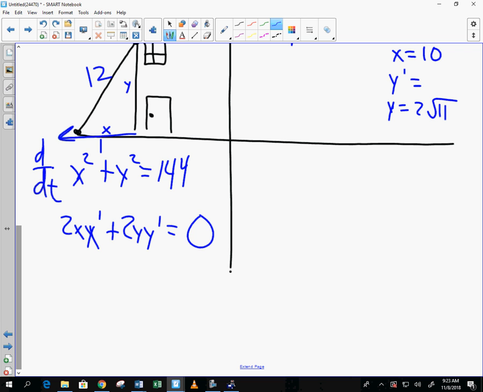Very good. So Grace is thinking this right now. She's thinking, boy, Mr. Gens, I remember we had x squared plus y squared is equal to 9. That was a circle. And when you took the derivative, you did 2x plus 2y, y prime is equal to 0. But now, all of a sudden, you're throwing an x prime on there. Why the heck are you changing what you're doing? Who could tell me?